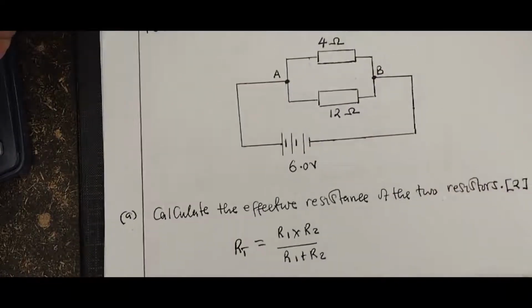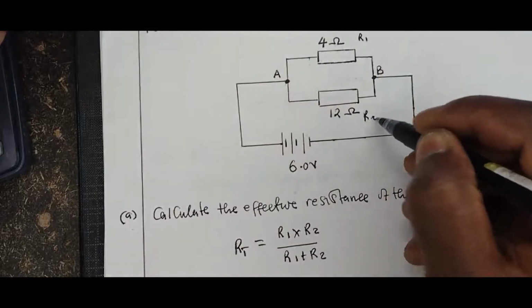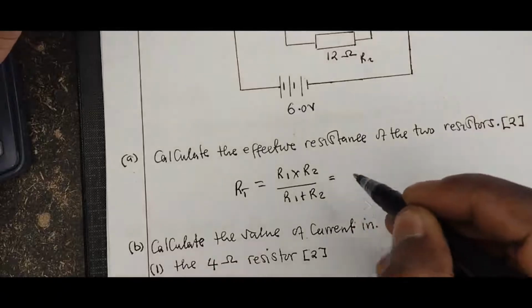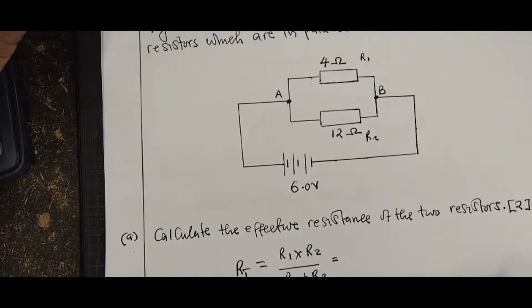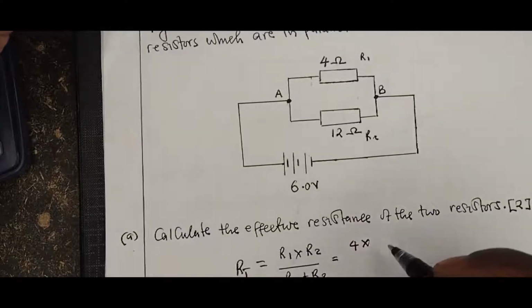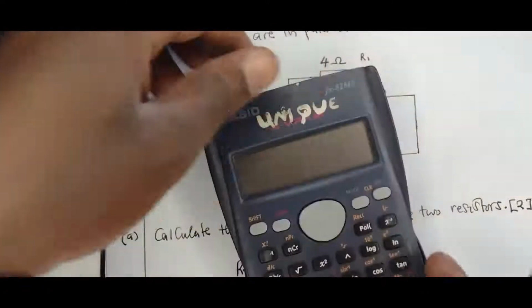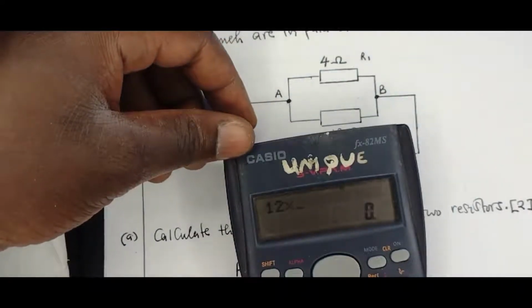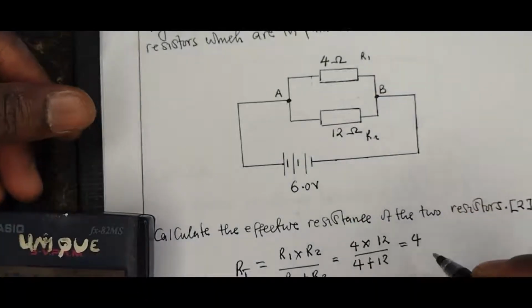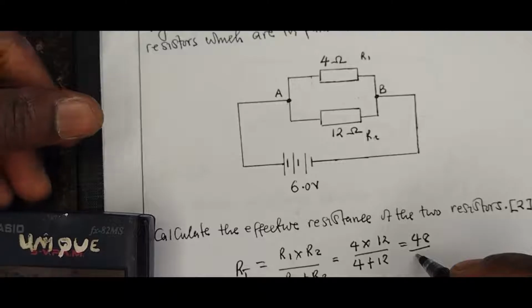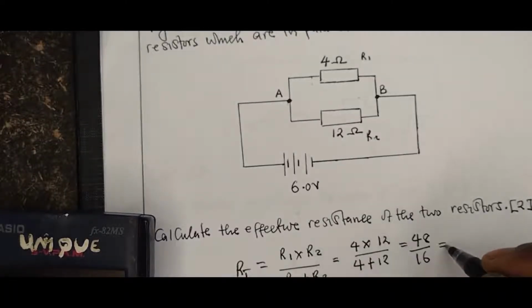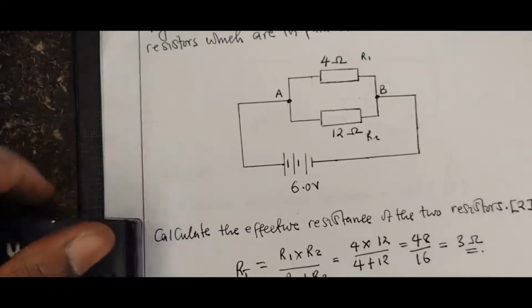Making this one resistor 1 and this one resistor 2, we have resistor 1 being 4, multiplied by resistor 2 being 12, divided by 4 plus 12. 12 times 4 gives you 48, divided by 12 plus 4, which is 16, and if you divide, you find the total resistance as 3 ohms.